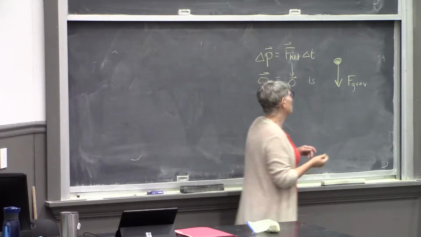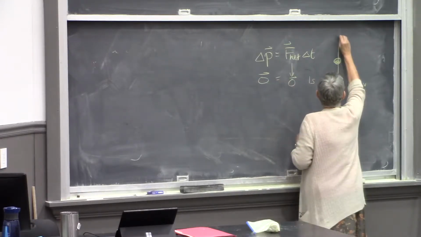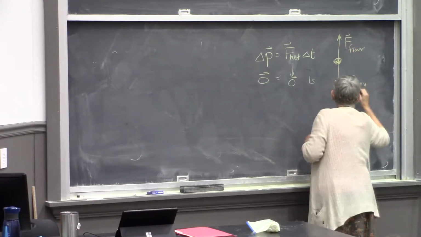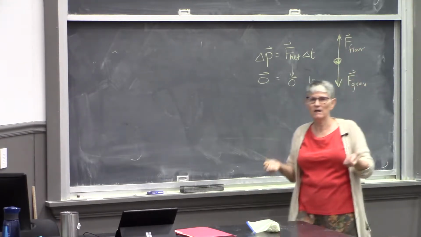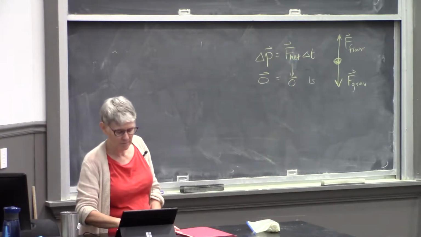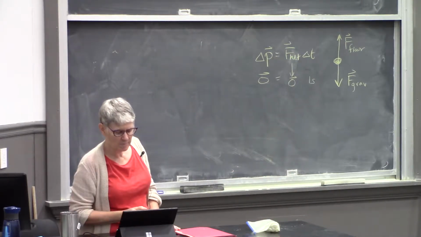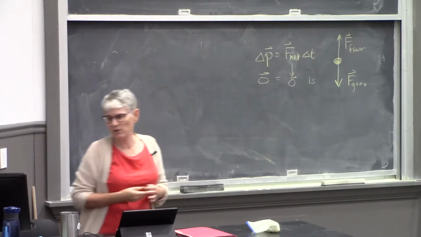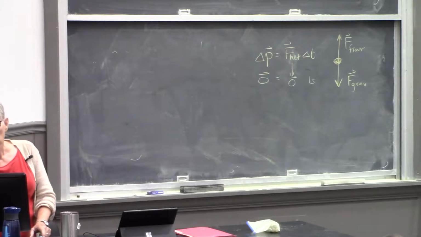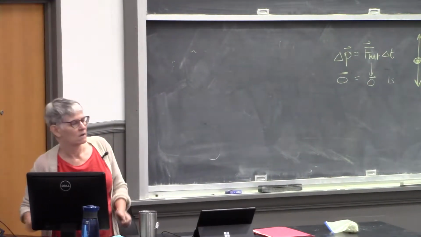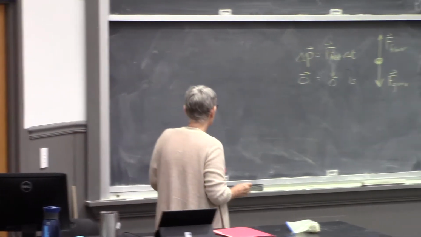Okay? So it must mean that something, the floor, is exerting an equal force in an opposite direction on me so that my momentum isn't changing. So we actually ought to be able to calculate the force that the floor is exerting on the physics professor here.